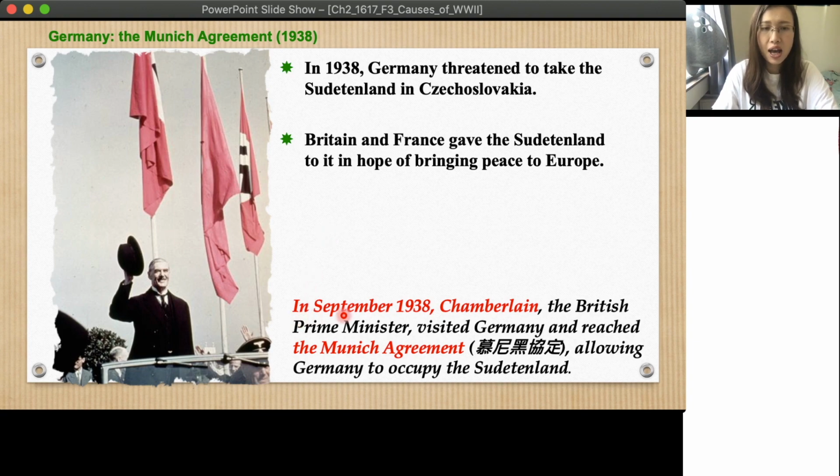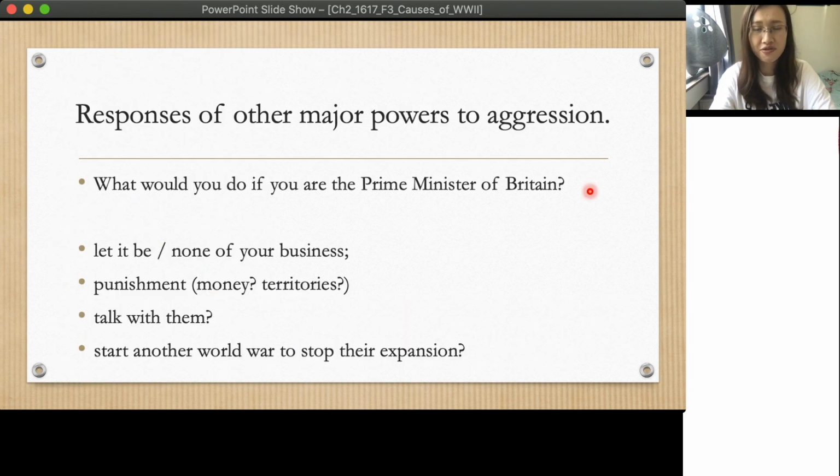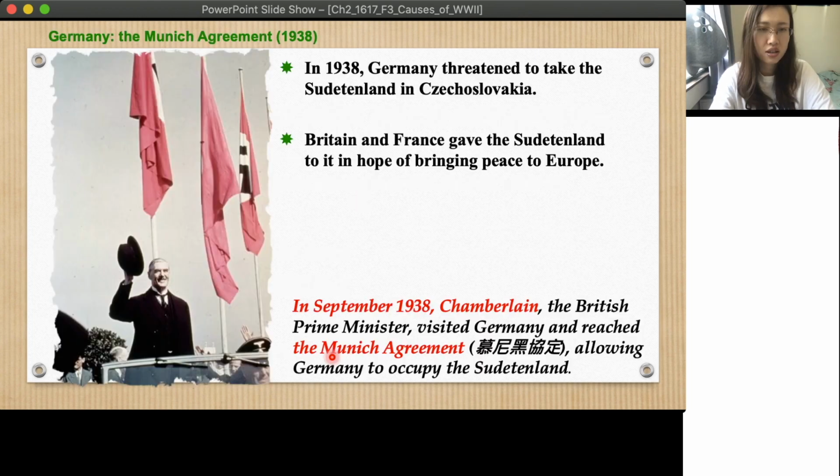And in September 1938, Chamberlain, the British Prime Minister, paid a visit to Germany himself and reached the Munich Agreement. So you can see, finally the Prime Minister of Britain, Neville Chamberlain, chose to talk with them in the Munich Conference, right? And they reached the Munich Agreement.